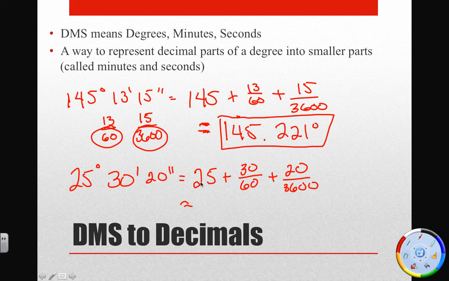We do some quick math on our calculator. 25 plus 30 divided by 60 plus 20 divided by 3600. And we get 25. Again, we should know that because the degrees has to be the same. It's the decimal part that we're getting.